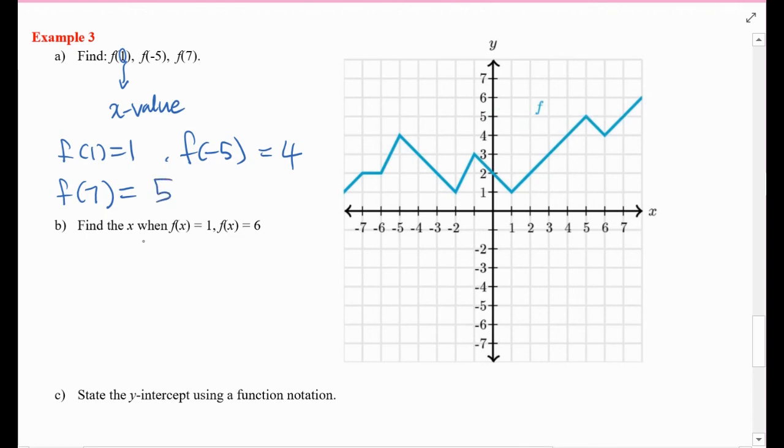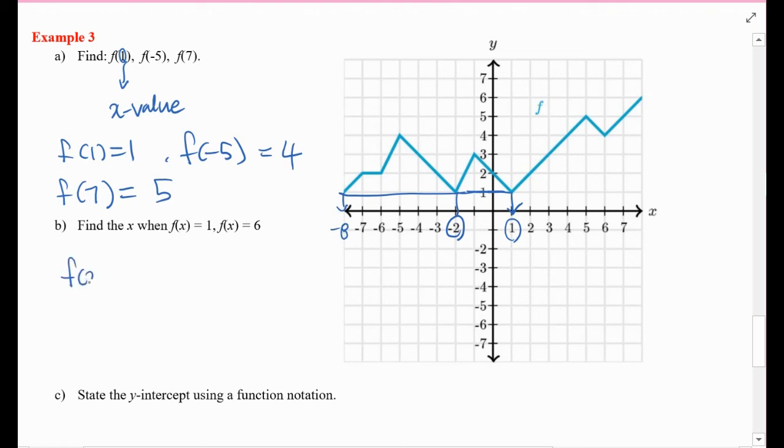And find x when f of x is 1 and when f of x equals 6. The output is 1. F of x is the output. The output is 1 and the output is 6. So when the output y value is 1, there are multiple x values, right? When f of x is 1, x value is 1, x value is negative 2, and x value is negative 8. Okay?